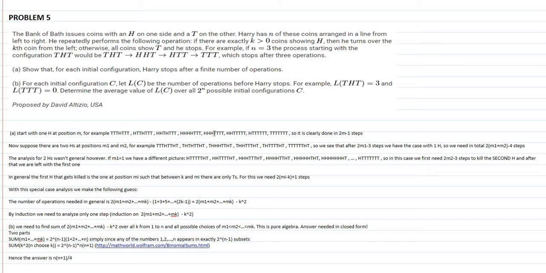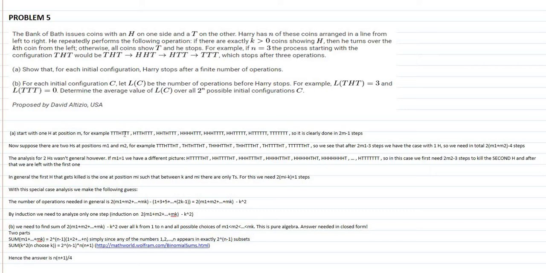So now it's going down. Now you will have 3, and then you have to turn over the third one, but that's an H, so you get 2. Now you have to turn over the second one, but that's an H, so you get only one H at the first position. Then you're done, because in the next step you will get all T's. And you see that for this you need 2m minus 1 steps.